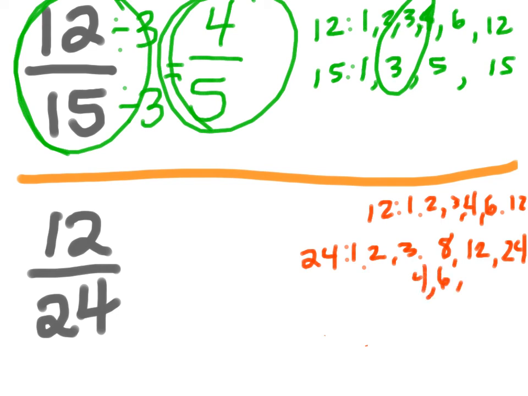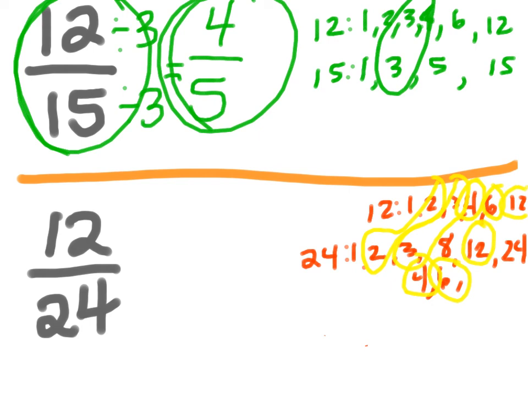All right, so if we look at the factors they have in common, change color so we can see this. They've got 2 in common. They've got 3 in common. They've got 4 in common, and 6 in common, and 12 in common.